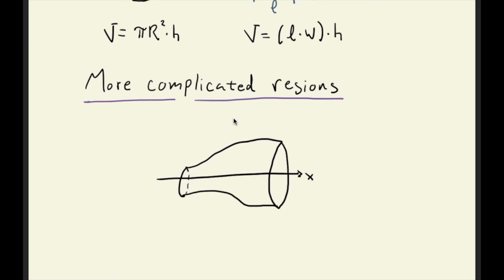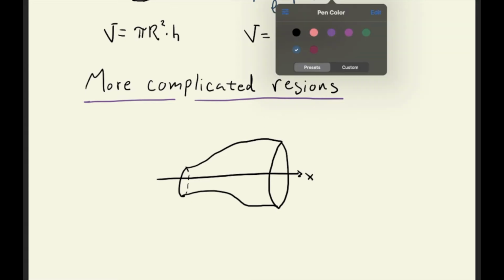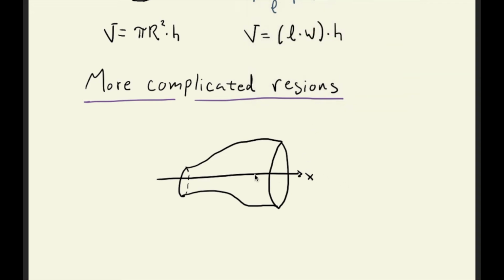And the thing with this region is, as you see, if we start slicing this region using planes that are perpendicular to the x-axis and look at this cross section, you see a certain cross section here. Well, the thing is that this cross section now is changing as you change the variable x.